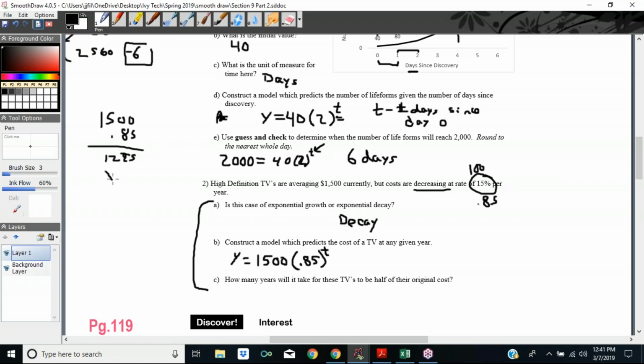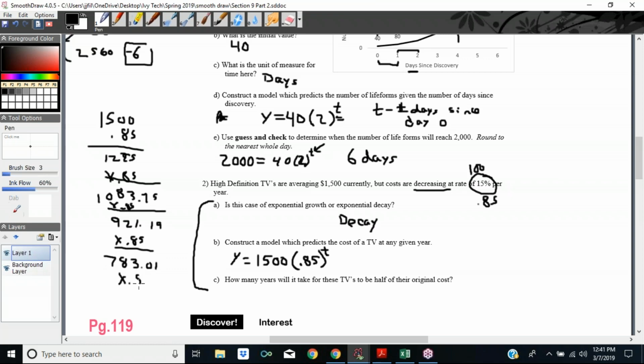Whoops, 1275 times 0.85 is 1083.75, so that's not there. That's 2 years times 0.85. So the third year is 921.19. So the fourth year is 783. We're almost there.